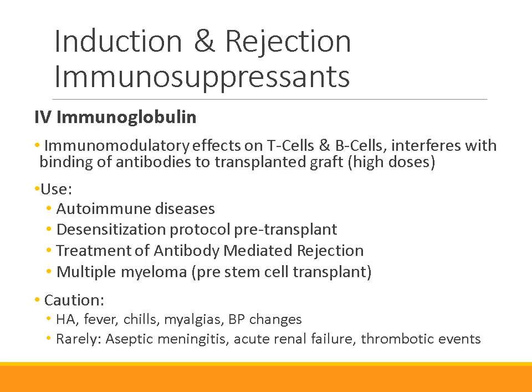We see it used in multiple myeloma pre-stem cell transplant. We also see it used in various different cancers as well. Also, low doses of IVIG can be given to prevent infection; this is replacing immunoglobulin that's lost during plasmapheresis.